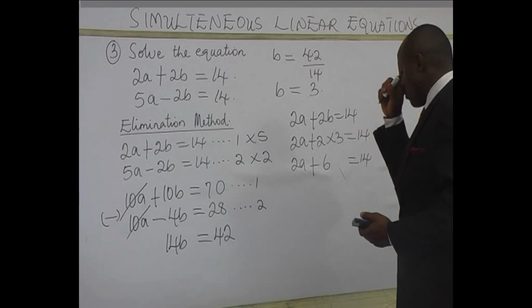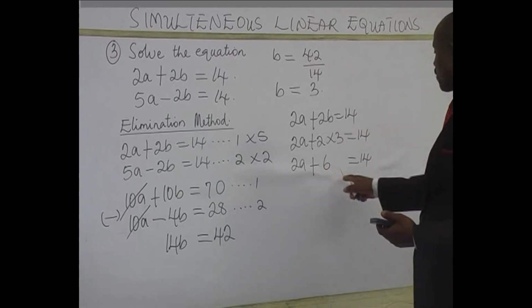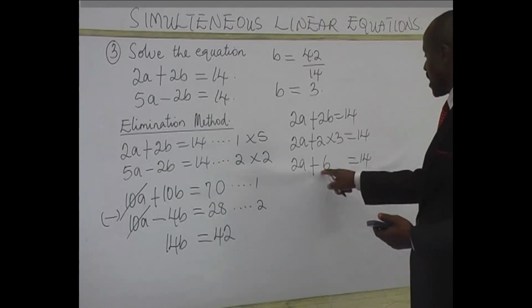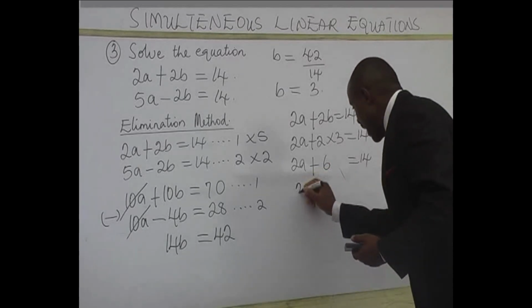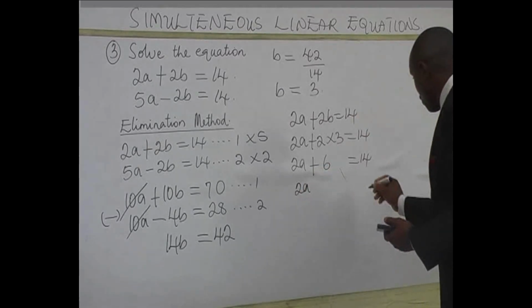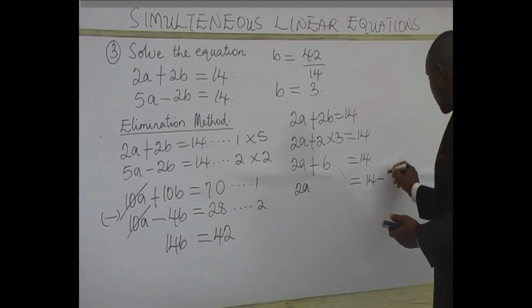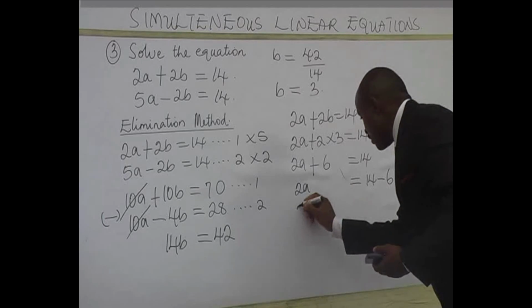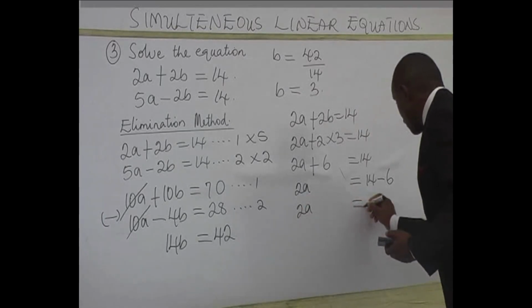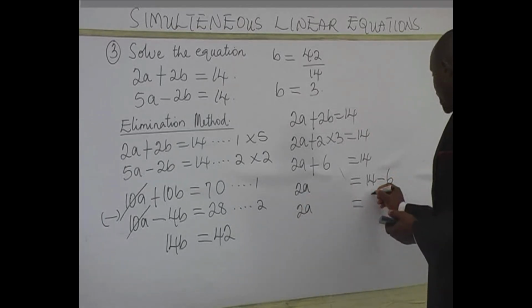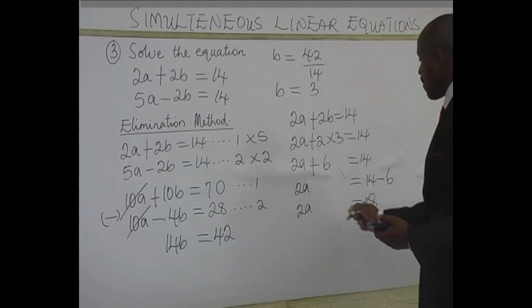Now subtract 6 from both sides of the equation so as to eliminate 6 from the left hand side. If you do that, you have only 2a in the left hand side of the equation, and it's going to be equal to 14 minus 6. That means 2a is equal to, subtract 6 from 14, you have 8 left. Divide both sides by 2.